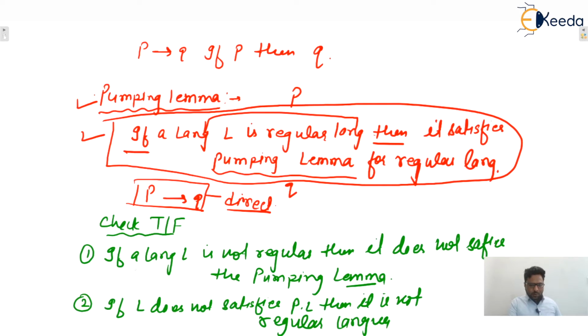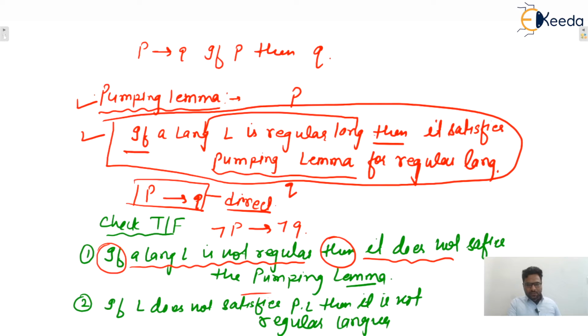With respect to direct, if a language L is not regular, this becomes negation P. If-then means implication. It does not satisfy the pumping lemma, then it becomes negation Q. So the first statement is negation P implies negation Q. That is what we call the inverse. So you tell me whether direct is equal to inverse or not. No. That's why the first statement is false.